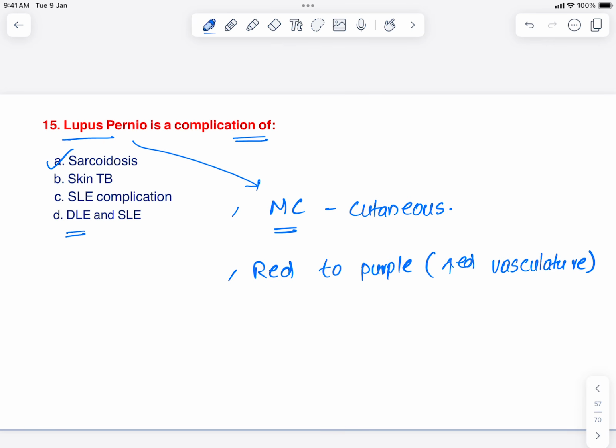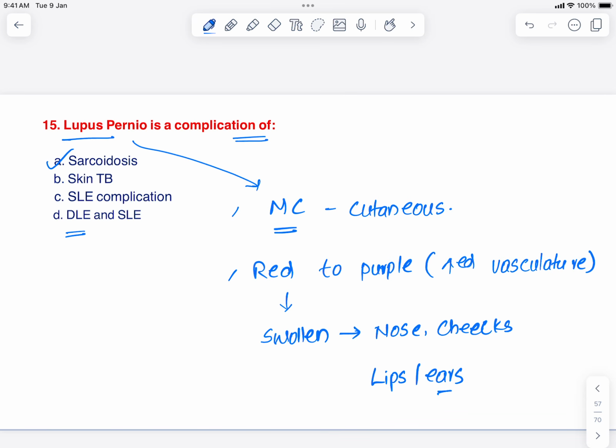And where will be the distribution of this particular rash? Basically it is a swollen rash, and this swollen rash is distributed over the nose, cheeks, lips, or the ears.